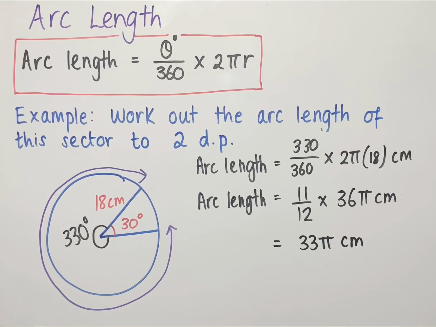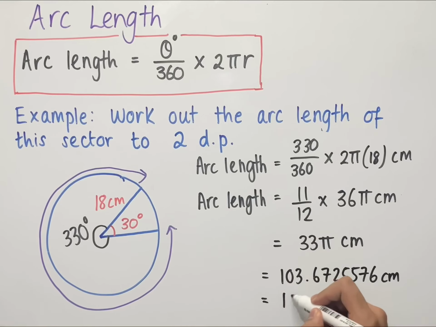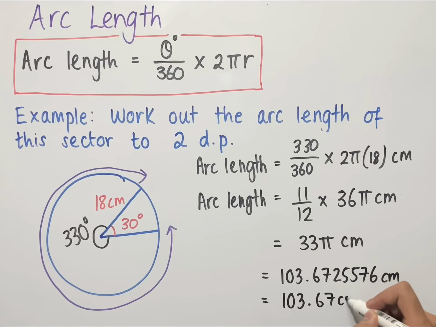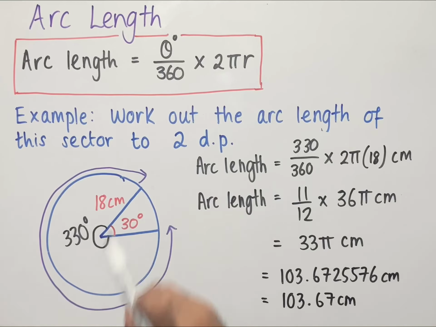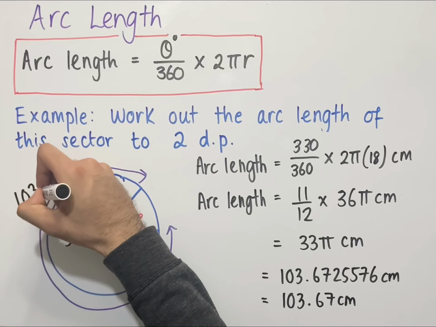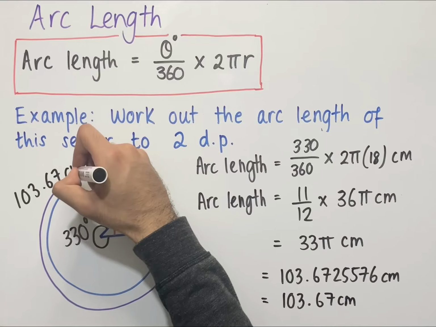If we put this on our calculator, to 2 decimal places our answer would be 103.67 centimeters. Therefore, the length of the major arc is 103.67 centimeters.